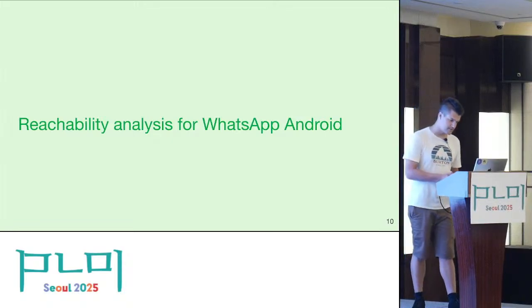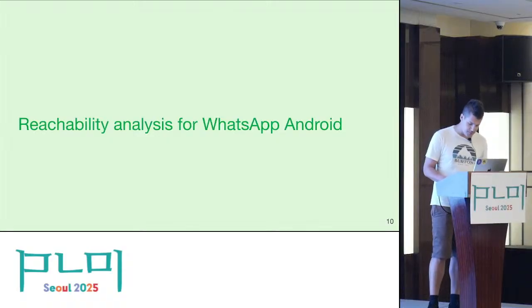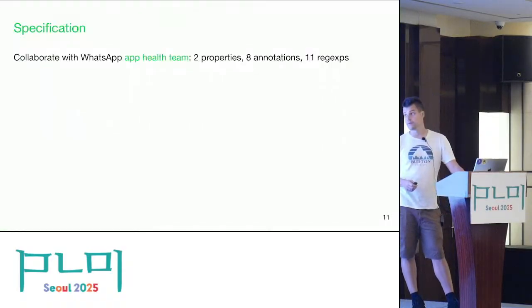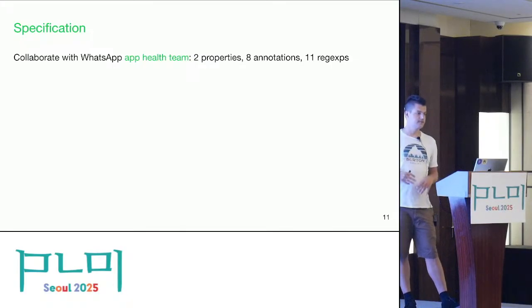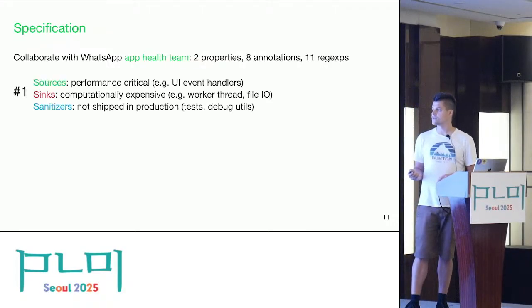Now, what did we do in practice for WhatsApp Android? Basically, we collaborated with the app health team, and we came up with 2 properties, which together use 8 annotations and 11 regular expressions.